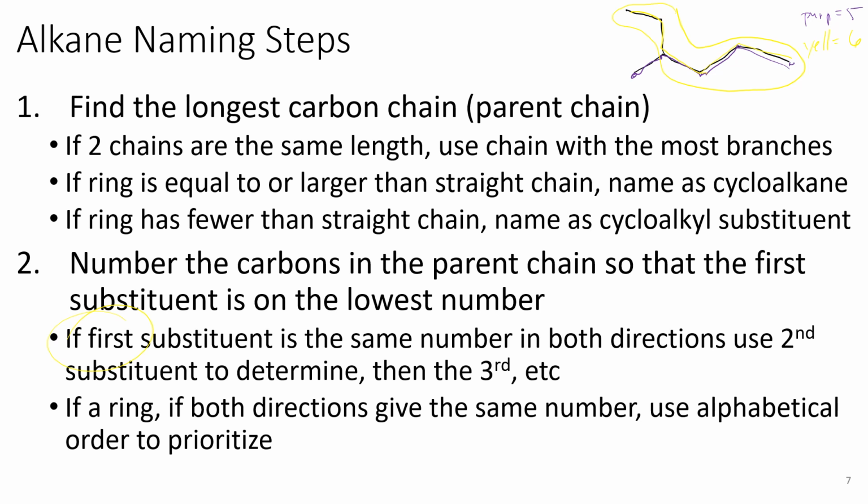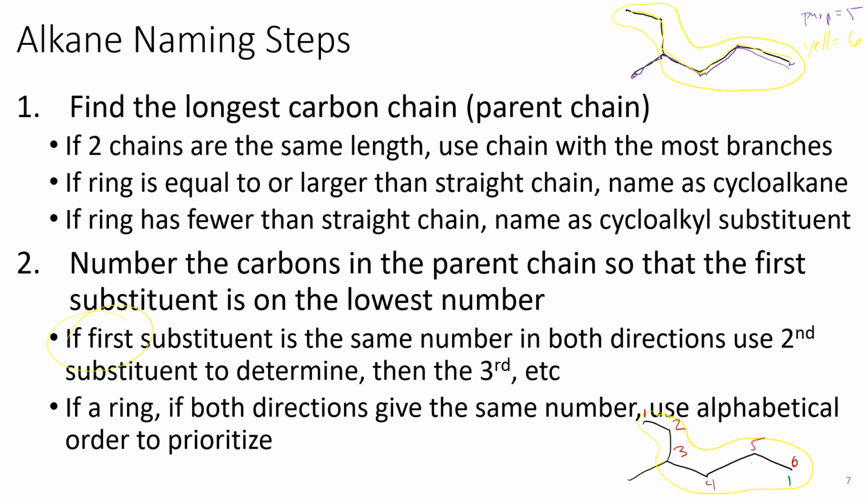So let's look back at our structure where we already have our parent chain highlighted here in yellow. So just kind of redrawing it to clean it up a little bit. Our job is now going to be to number it. So I can start on either end and I can go 1, 2, 3, 4, 5, 6. Or if we number something else in green, I number going the other direction.